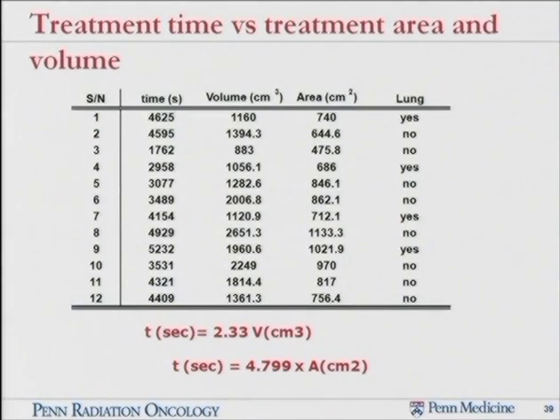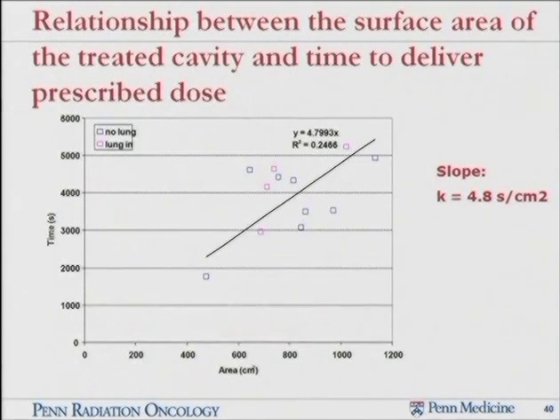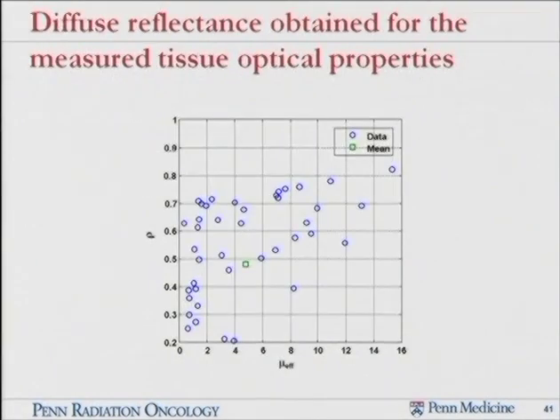In the early days, we had some patients where the lung was preserved, but in most cases the lung was taken out. Nowadays the lung is always inside. So we can correlate the relationship between the treatment time and area, finding the mean slope.